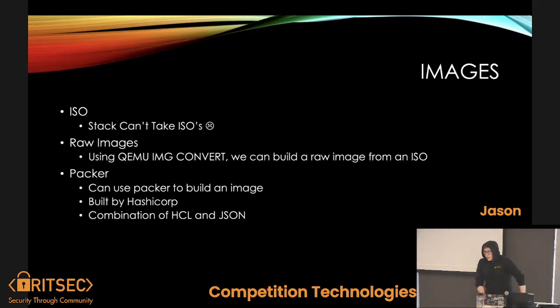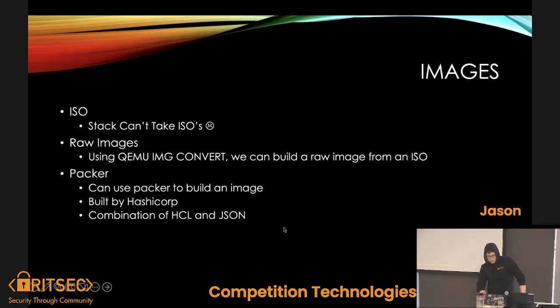In the off chance that we can't find an ISO file for an operating system, we can build that operating system basically from scratch using Packer, which is something that we haven't done in a little while because we had images that worked pretty well.